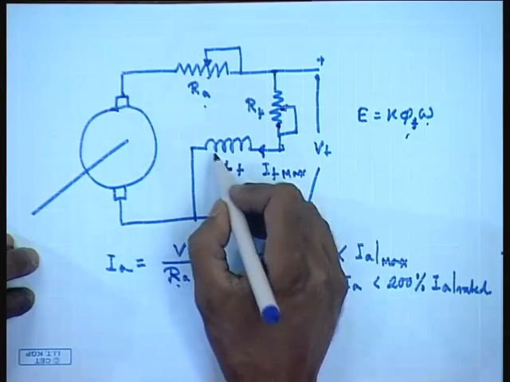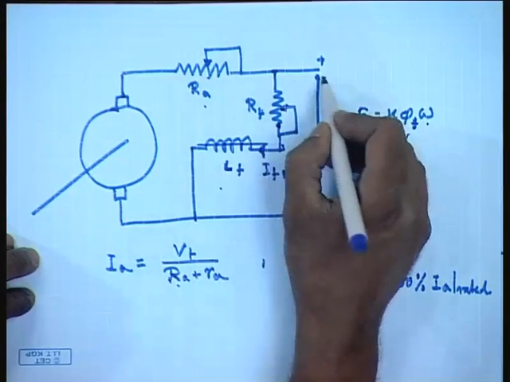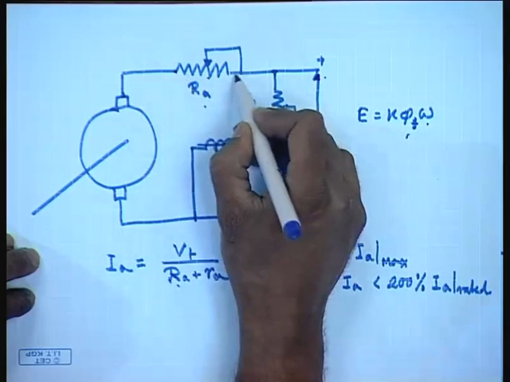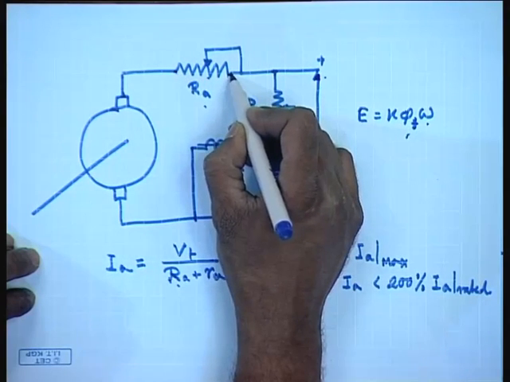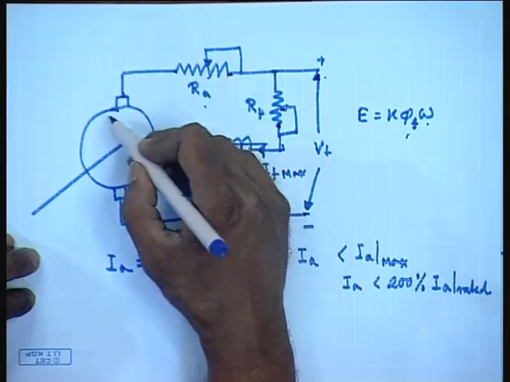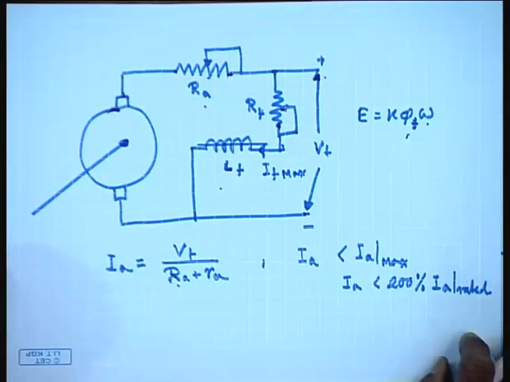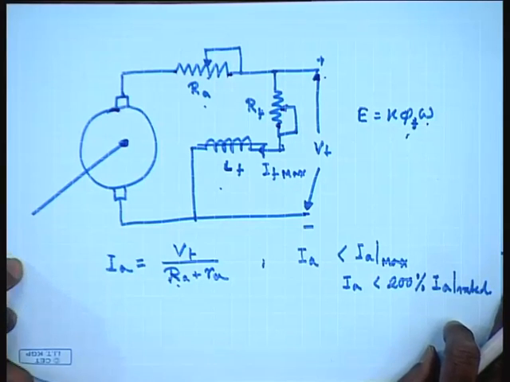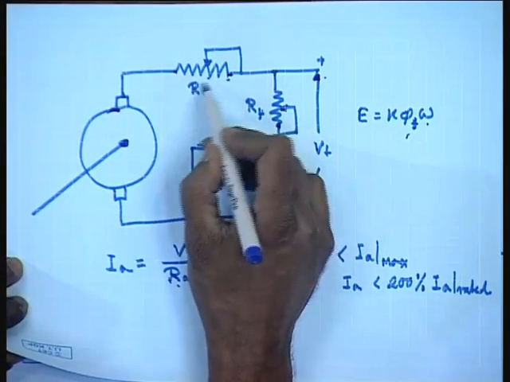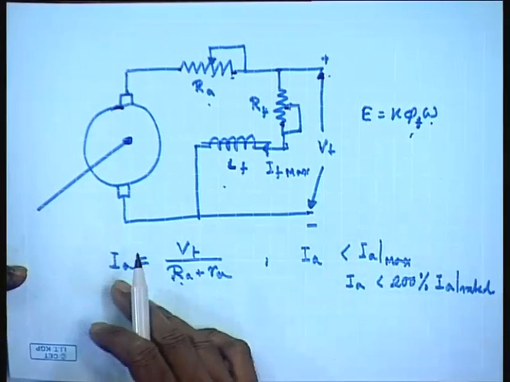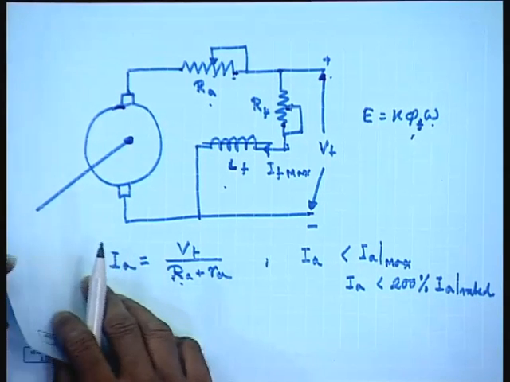After the field current has been established, the voltage can be applied to the armature with the armature resistance at its maximum position, so that the starting current through the machine is limited, and then preferably the armature resistance should be cut out as the speed of the machine increases, so that the machine accelerates within a reasonable time.